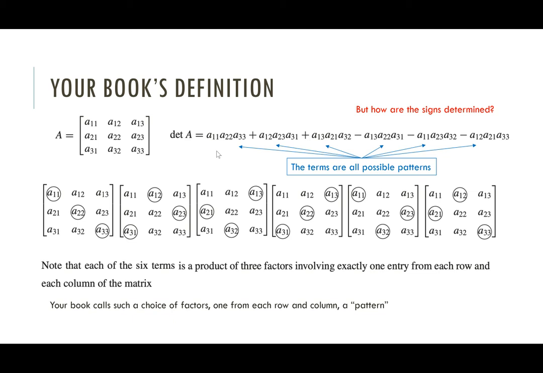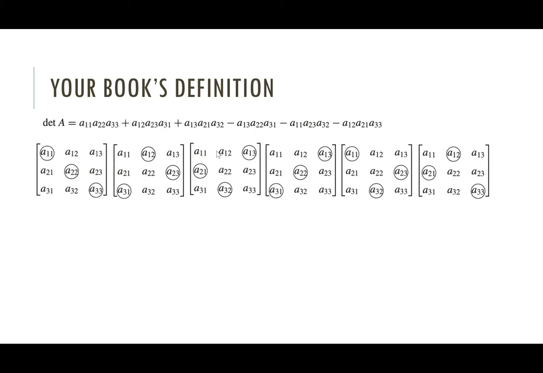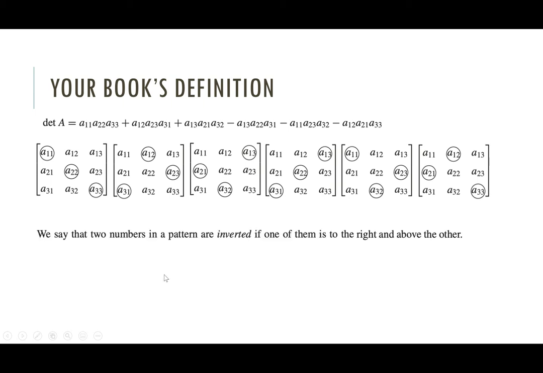And then how are the signs determined? Well, your book says that two numbers in a pattern are inverted if one of them is to the right and above the other. So in this one, there's no inversions, like no number is to the right and above another. But in this one, we have two inversions because A12 and A23 are both to the right and above A31.